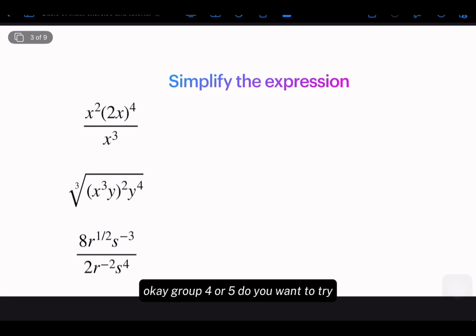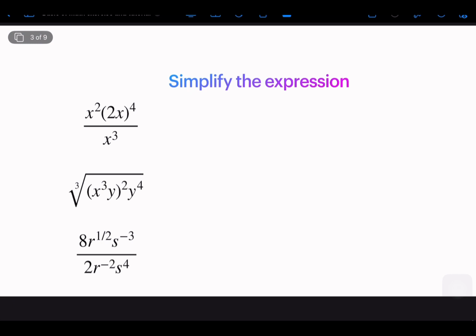Okay, group 4 or 5. Do you want to try? Okay, do you want to try? 4 or 5?